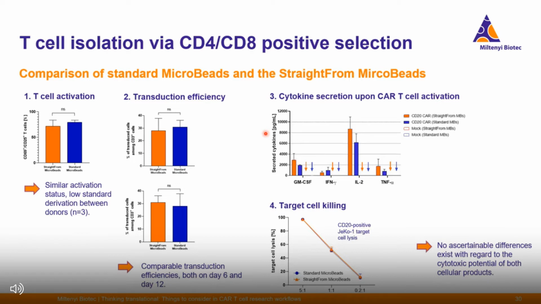And to assess and compare the cytotoxic or cytolytic potential of the CD20-directed CAR T cells, CD20 positive JeKo-1 cells were co-cultured with CAR Ts derived from 2 different protocols at different effector to target cell ratios for in total 20 hours.